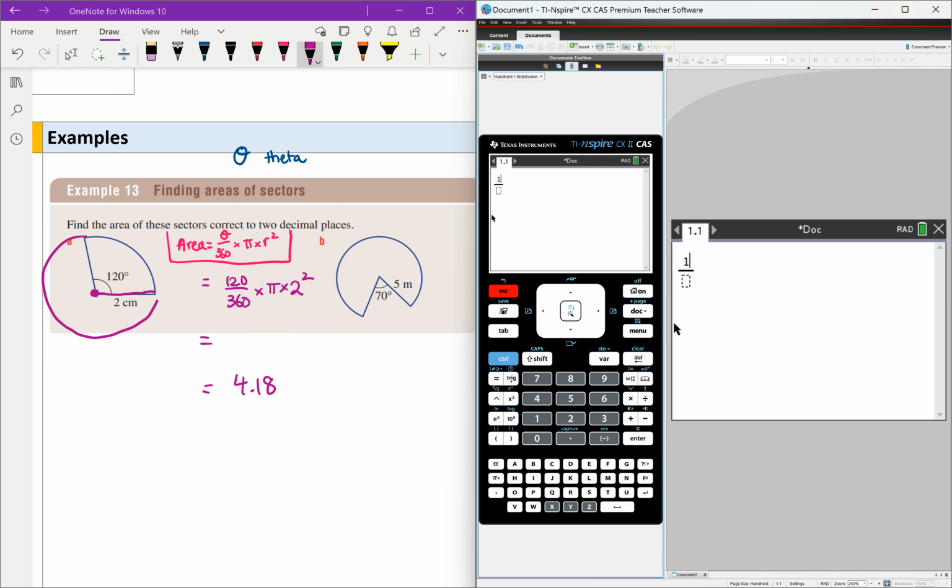Why is it going on the top left? That is so weird. It's like I have to press enter. And then 360. Oh, this is so annoying.